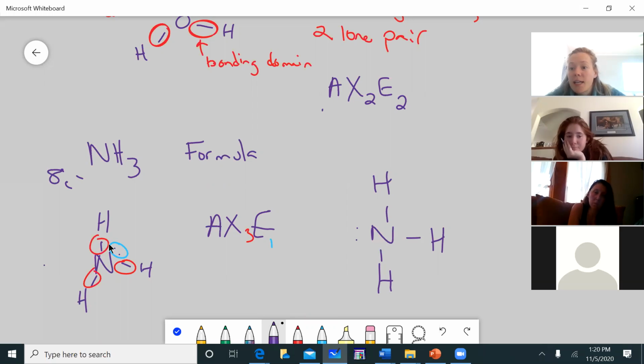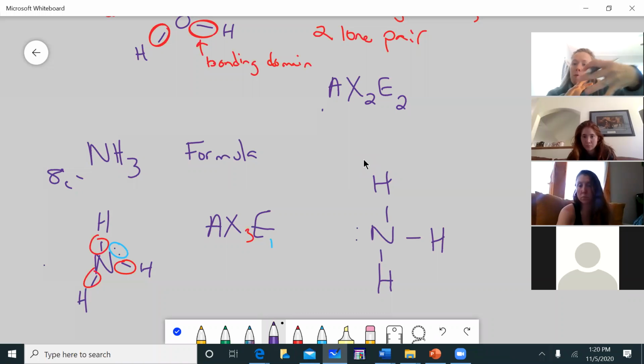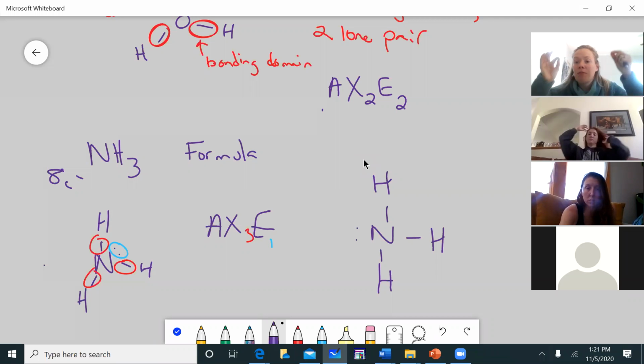It's just been rotated in space. So we still have 3 of these and 2 of those. And you've got to think that this thing is popping forward and back in space. So it's not actually making a flat square. It's making a tetrahedral shape or a little pyramid. If you were to take a marshmallow and put 4 evenly spaced sticks and then 4 little marshmallows on the outside, you make a little pyramid.